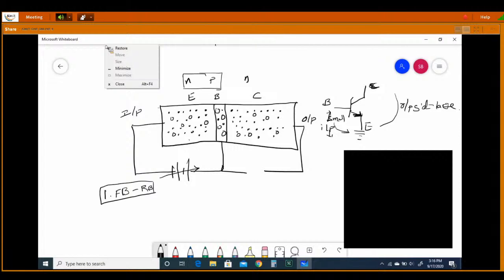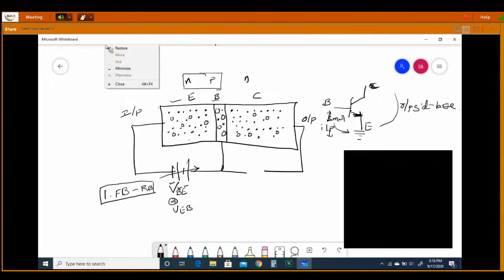Now, the notation in BJTs from now onwards is very important. This DC source is connected between which terminals? Between emitter and base. That's why we are writing this as VBE, or you may write VEB also. It is a voltage source connected between base and emitter.